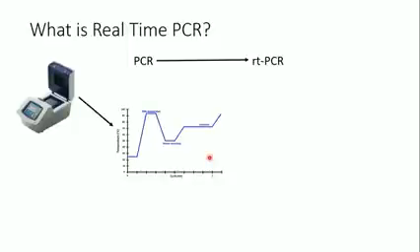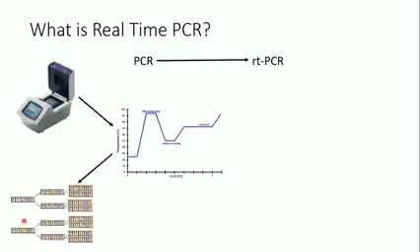After each cycle, we get double the number of sequences we have. So if you have first 2 sequences, then we will get 4, then 8, and so on. So it's a process of amplifying a specific DNA sequence or gene.